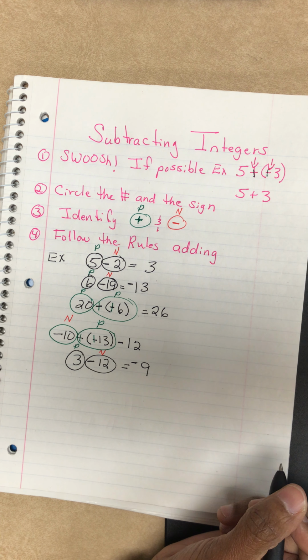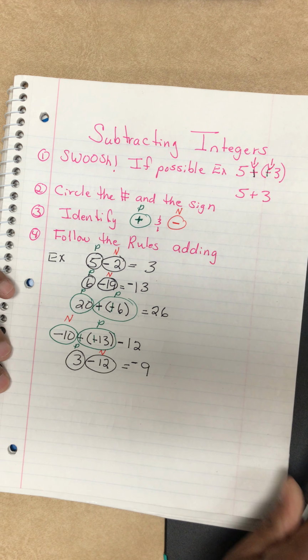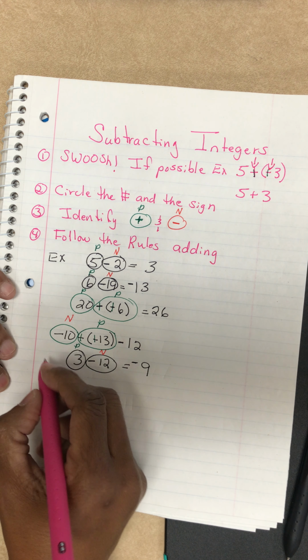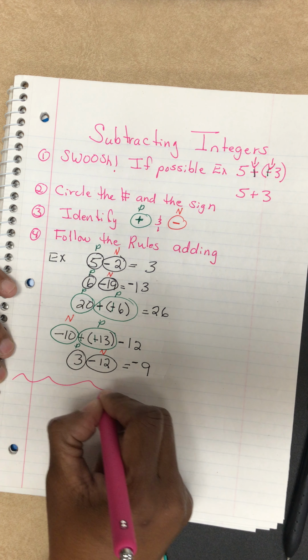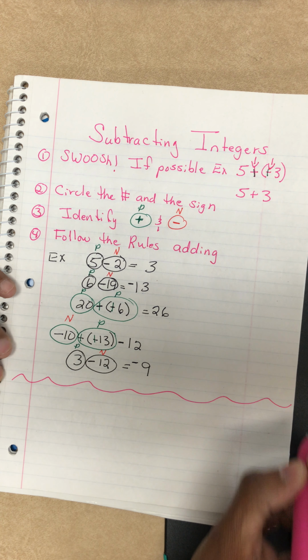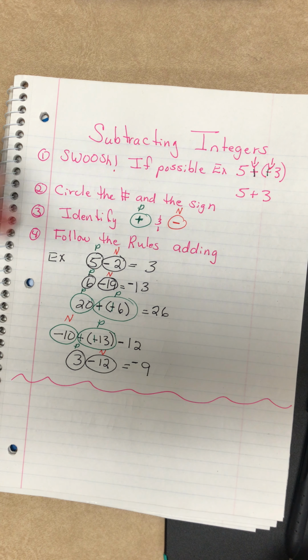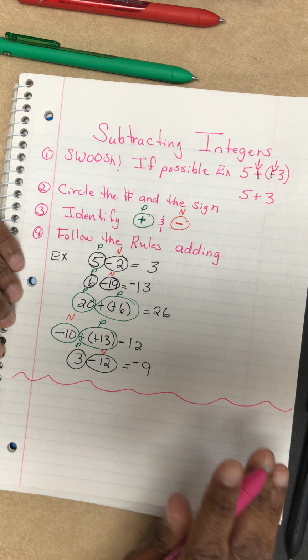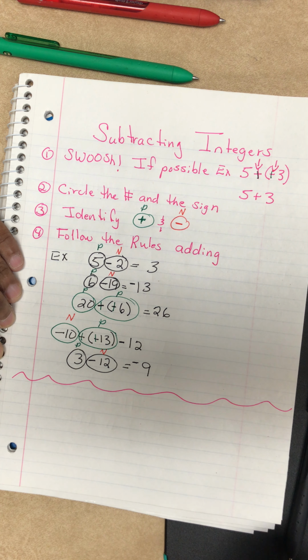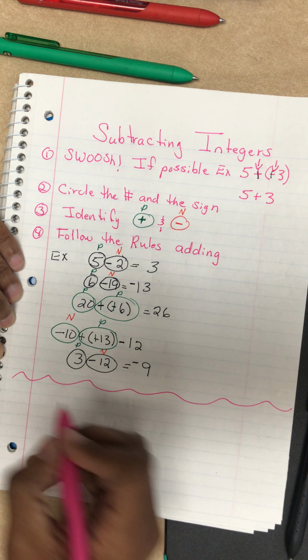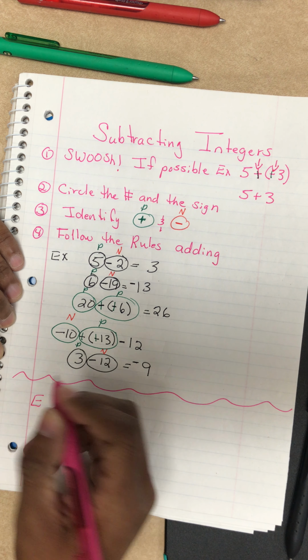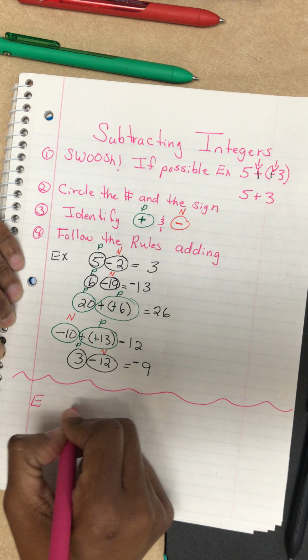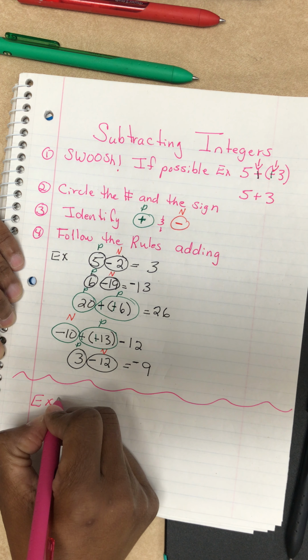There is another way I want to show you also. This is just kind of helped me. You might like the first way. If the first way works for you, fine. If it doesn't, you can try this one. I like to think that when you're dealing with integers, positive and negative numbers, you're no longer subtracting. So you're adding every single thing. Let's take the same ones we've already done and redo them this way.